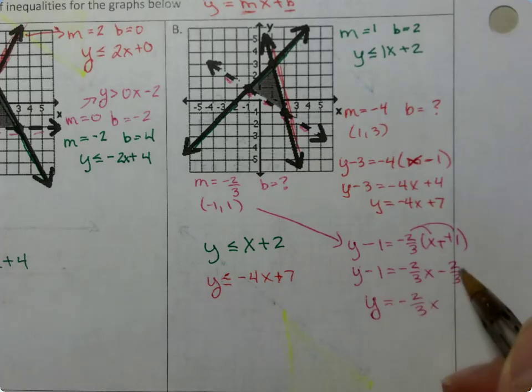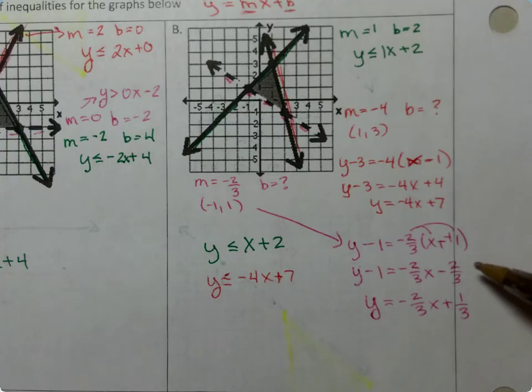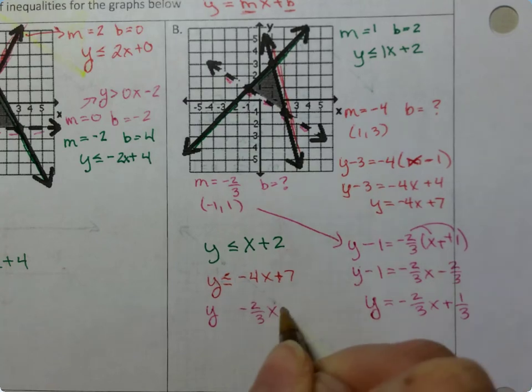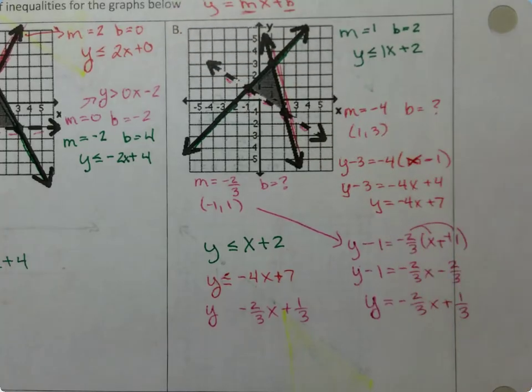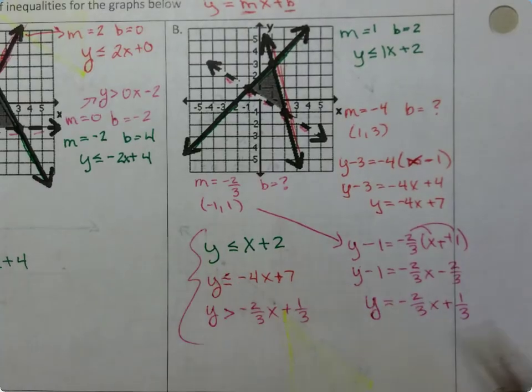But if I have minus 2/3 and I add 1, doesn't that leave me a positive 1/3? So add 1, I get a positive 1/3. I can't use my equal sign, so let's rewrite it. y compared to -2/3 x plus 1/3. This dashed line is shading going up, so it'd be just greater than.